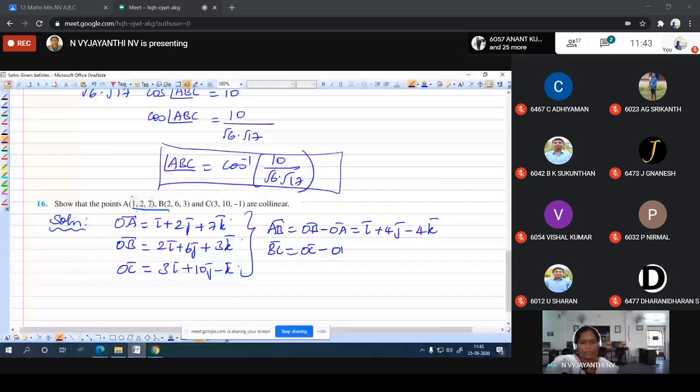Then CA vector is OA minus OC, which is 1 minus 3, minus 2i, 2 minus 2, and 7 minus of minus 1, 8k, isn't it?